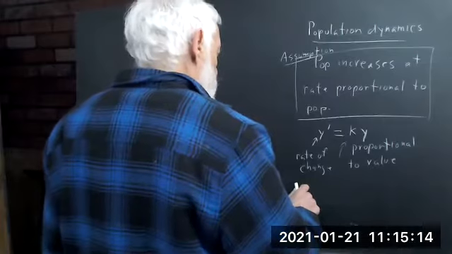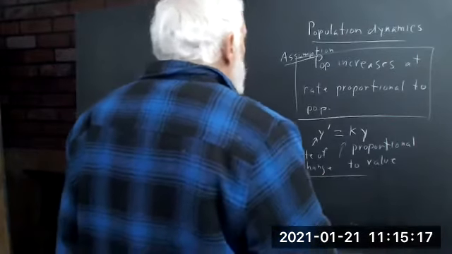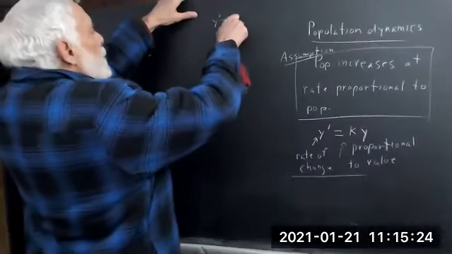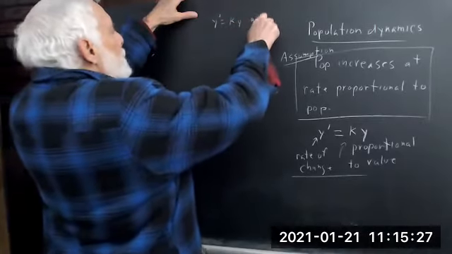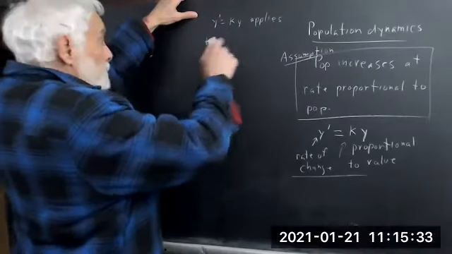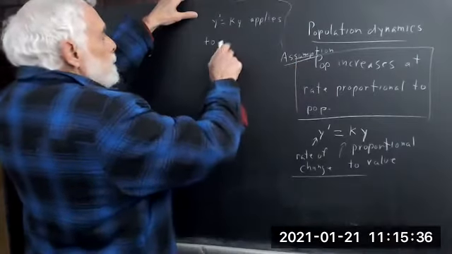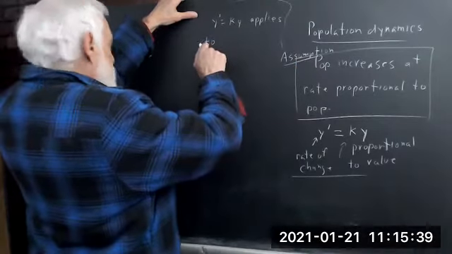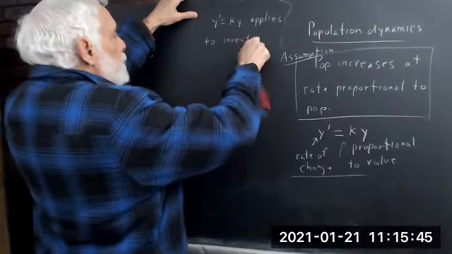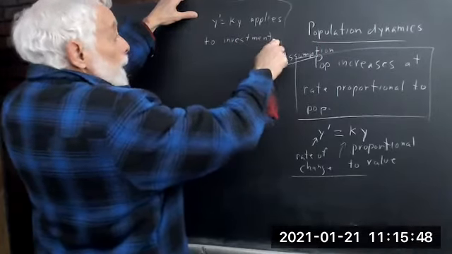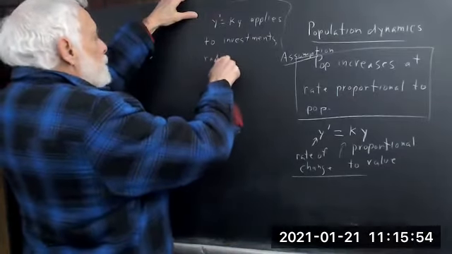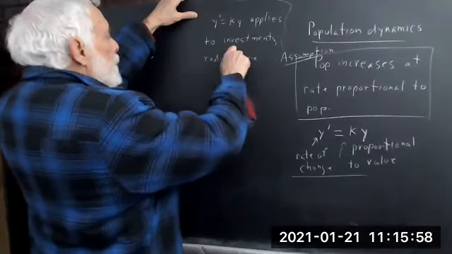And here we can say that y prime equals ky applies to investments in certain cases, like bank accounts at constant interest rate, radioactive decay, etc.